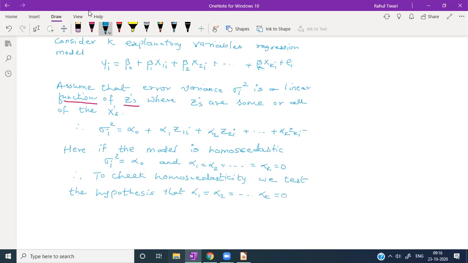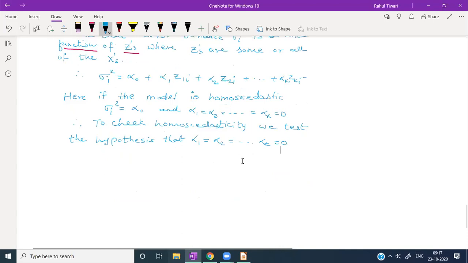So if all these alphas are equal to 0, that means your data is homoscedastic. But if the alphas are not equal to 0, I may say that the data is heteroscedastic. So remember that these concepts are very important.